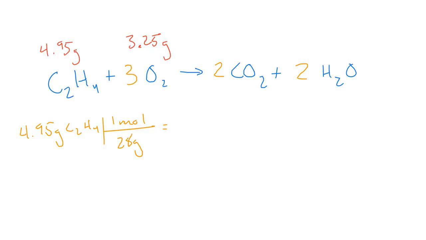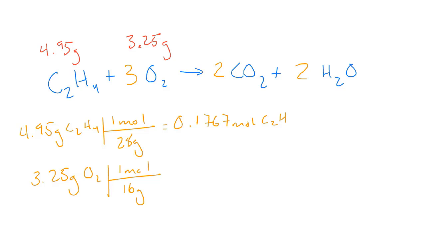See what we get there, and then if someone can put that in their calculator. 3.25 grams of oxygen, 1 mole, and that's 16 grams. Thank you, Melanie. 0.1767 mole of C2H4.